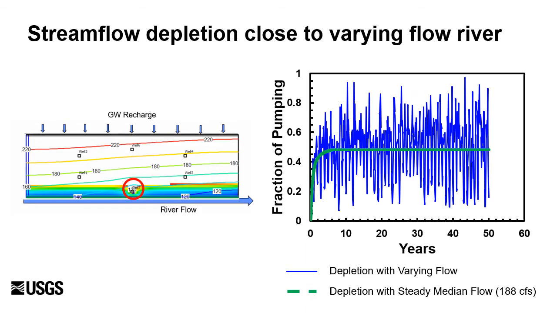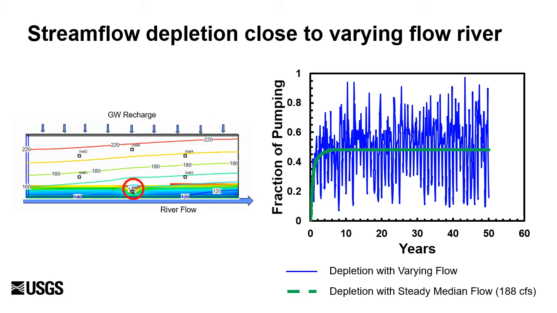So now let's look at the behavior of stream flow depletion for a well near a varying flow river. As you see on the right here, we have a chart showing the median stream flow depletion in green, as well as the more varying stream flow depletion associated with the varying flow river in blue.